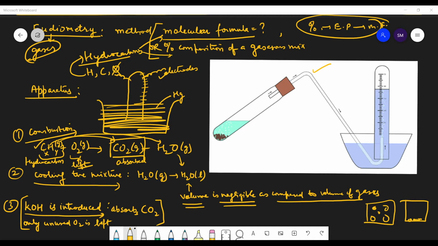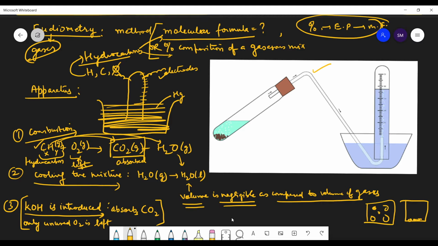So all these important energy resources are your hydrocarbons. Hydrocarbons are only composed of two elements, hydrogen and carbon only.